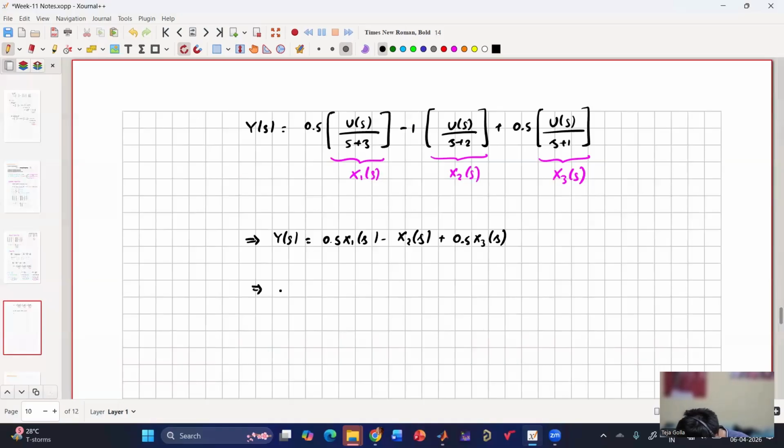If you apply inverse Laplace transform, we'll get y of t is equal to 0.5 into x1 of t minus x2 of t plus 0.5 into x3 of t. So we got all the equations.